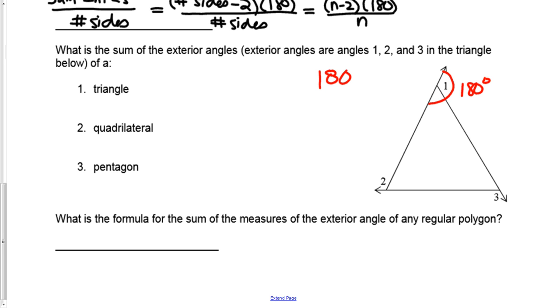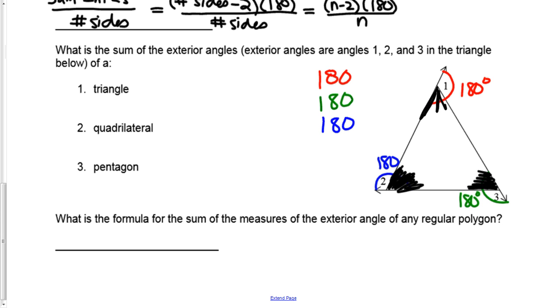I know from here to here is also 180 degrees, so that's another 180. And finally, I know this one is also 180 degrees, so I get 3 180 degrees, which I think is 540. But I don't want all of that, I just want the exterior part. So I want to subtract out this much, that's inside my triangle. I need to subtract out this much, that's inside my triangle.